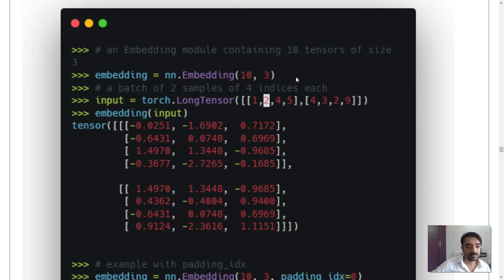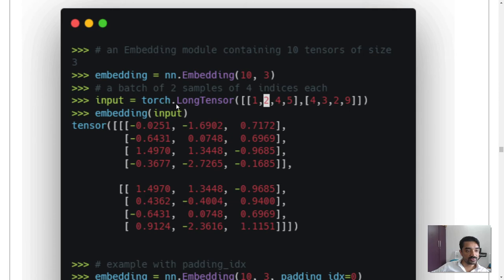The moment you do that, it is going to create 10 entries and assign three random numbers to each of those 10 units. Imagine a dictionary with 10 items, and each item itself is 3 random numbers. That is what is happening here, right?